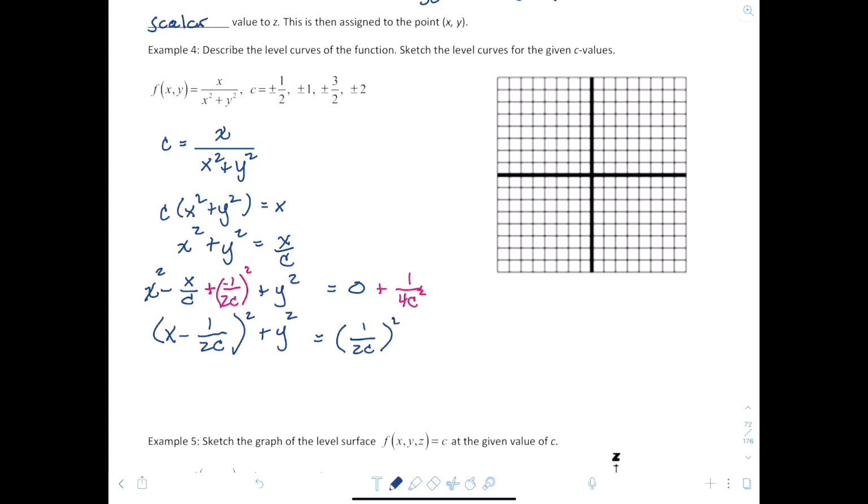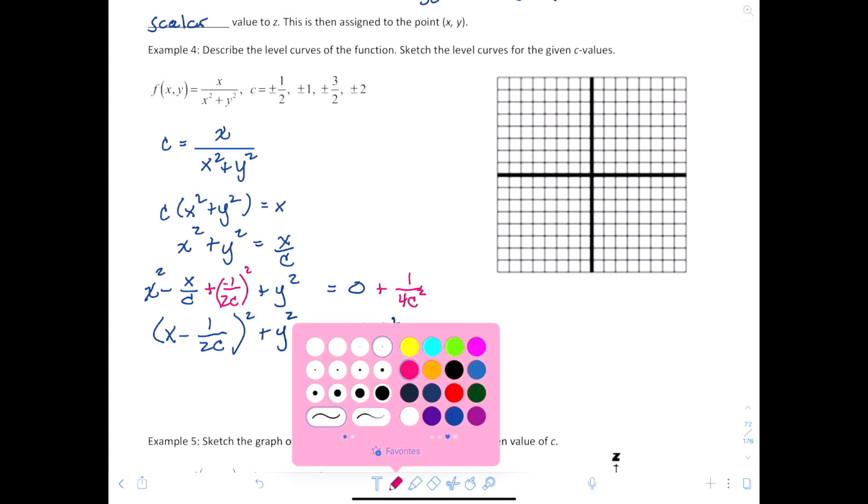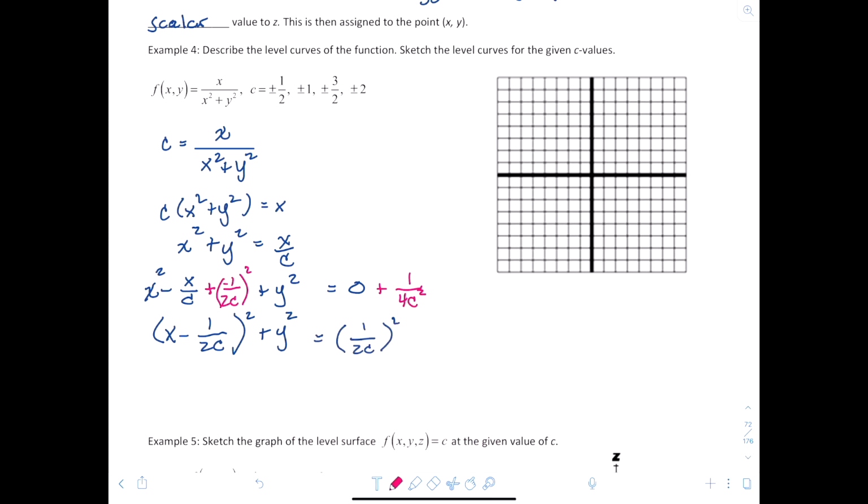All right, so now let's do these pictures. We're going to do these different values of c, so we'll do them in different colors. All right. So for c equal to -1, what would happen?